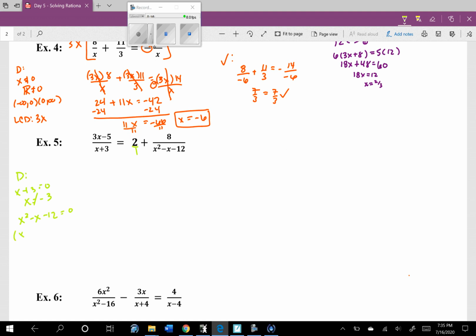When I factor that, that gives me (x minus 4)(x plus 3) equals 0. So x minus 4 equals 0, x plus 3 equals 0. So x cannot be equal to 4, and x cannot be equal to negative 3. So the domain is all real numbers not equal to negative 3 and 4.